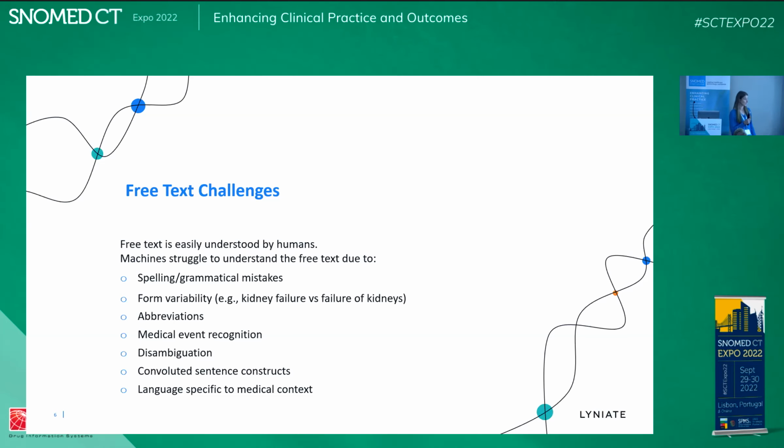That's also challenging. And the last two here, so convoluted sentence constructs, something we see very often. We want to say as much as possible in very few words. And that's really challenging for the machines to learn. Language specific to a specific medical context.